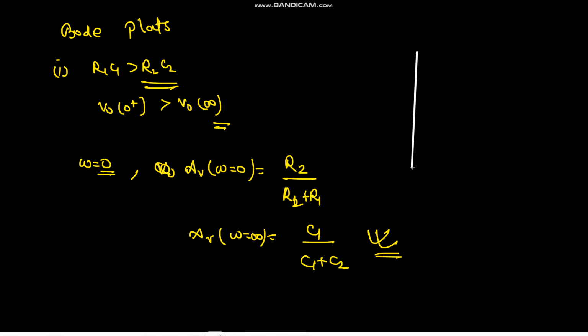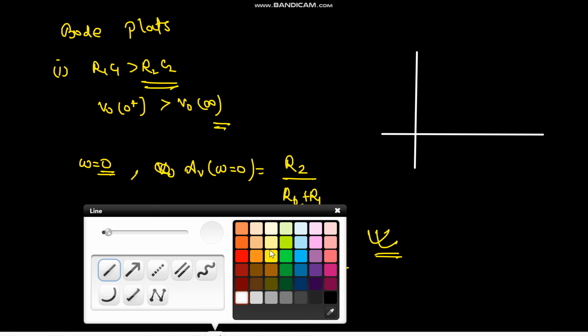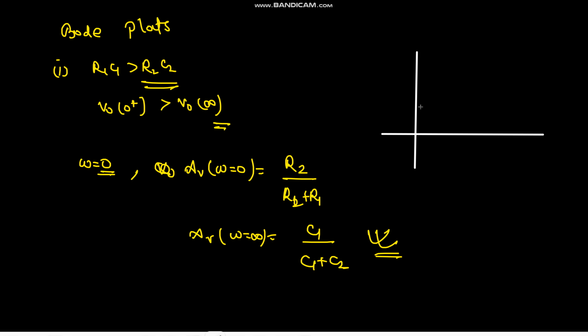So if we draw the Bode plot, so this is our gain at 0 frequency. Okay, then first pole or 0 would come. So now tell me what would come before.